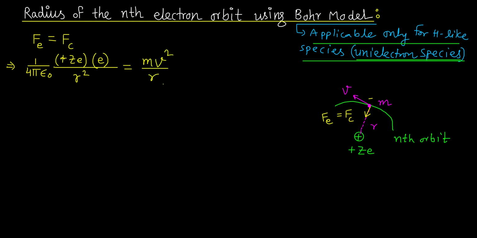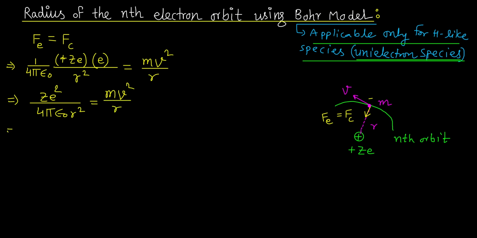That is the expression for centripetal force for a particle of mass m moving on a circular path of radius r with speed v. So now we have here Ze square divided by 4 pi epsilon naught r square, and this is equal to mv square upon r.